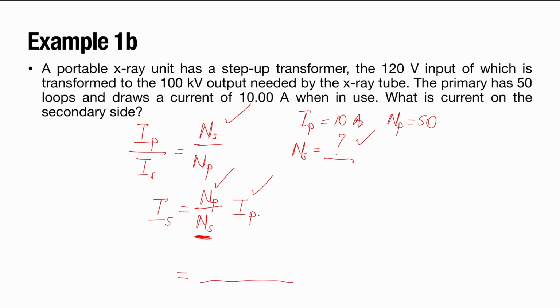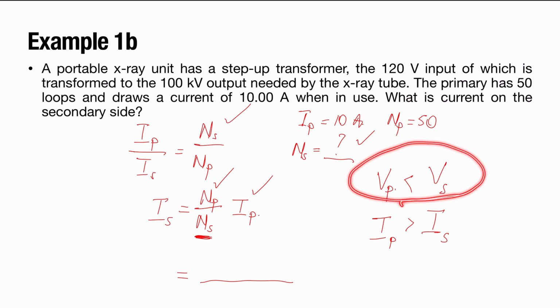You will notice that the current in the primary side is larger than the current in the secondary side. Remember what we learned from the voltages: the voltage on the secondary side is larger than the voltage in the primary side. By changing the voltage, we started off with a small voltage of 120 and increased it to 100 kilovolts.